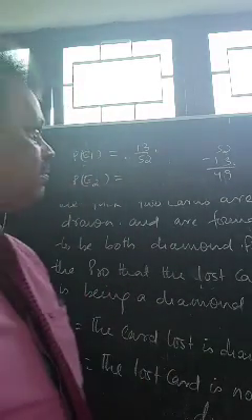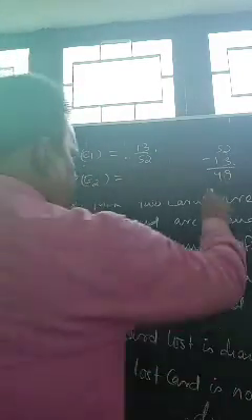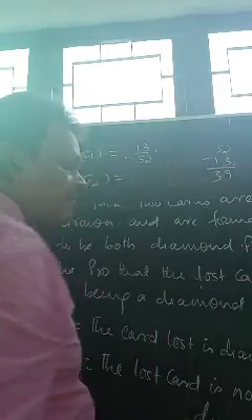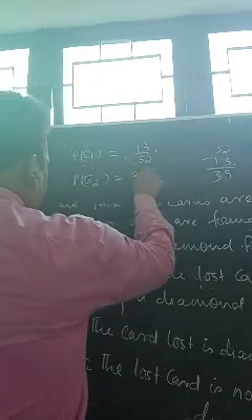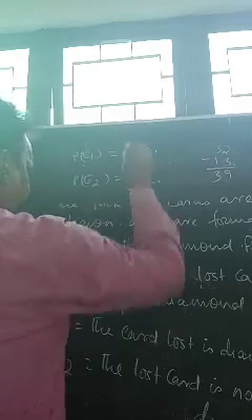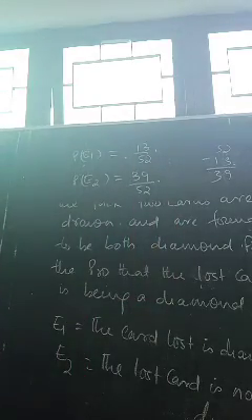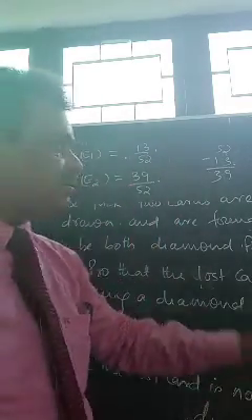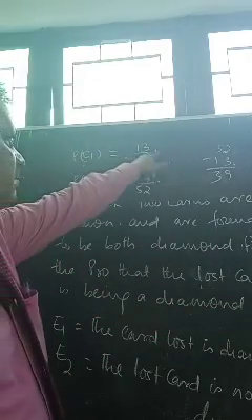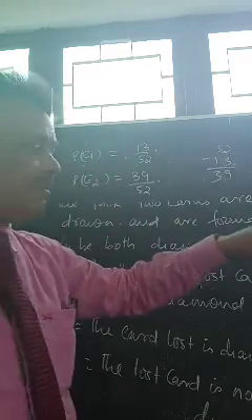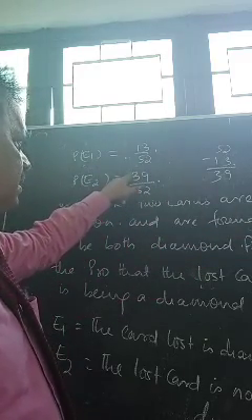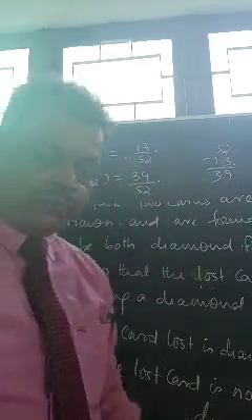If you make 52 minus 13, it is 39. That means 39 by 52. Okay. This is clear now. If a diamond is lost, it is 13 by 52. If a diamond is not lost, remaining how many? 39. So 39 by 52.